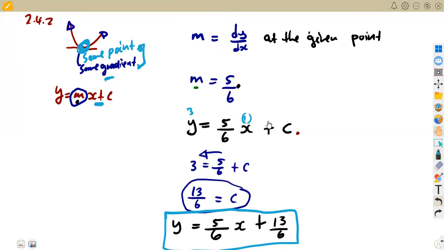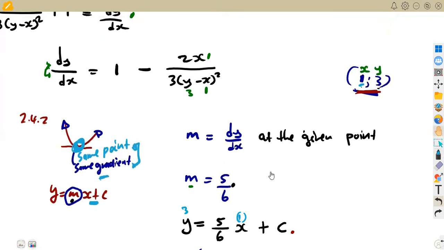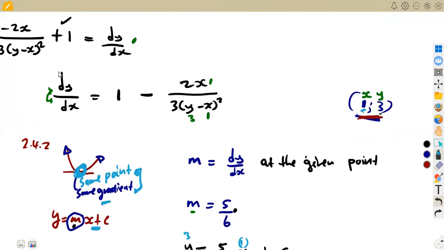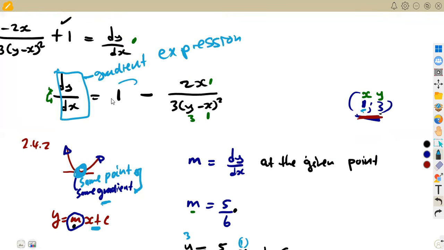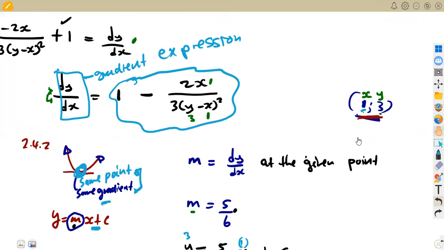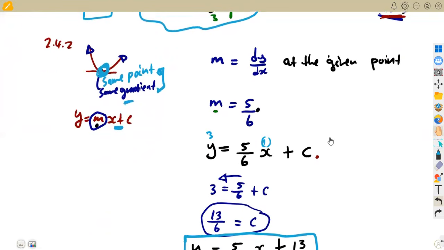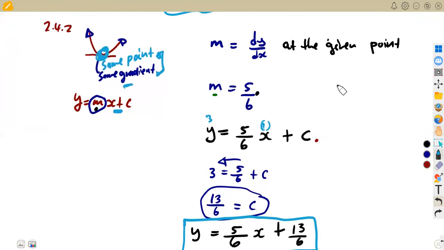The gradient expression from the function is represented by dy/dx, the expression which gives us the gradient at any point that you are given. That's why you'll be given the point (1, 3), so that you determine the gradient at the given point.